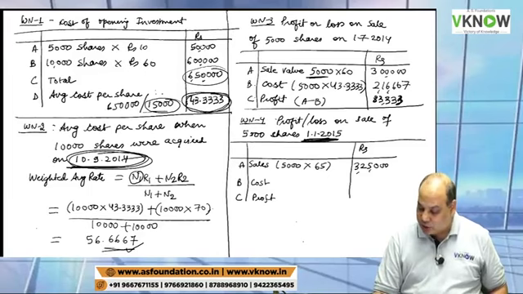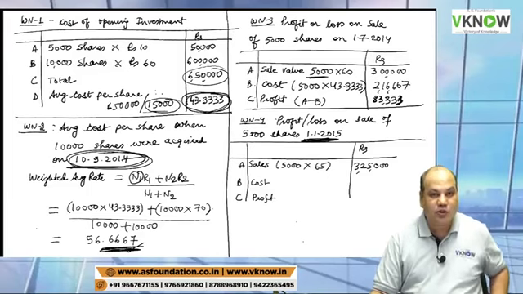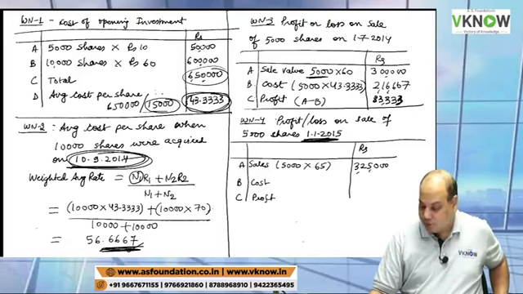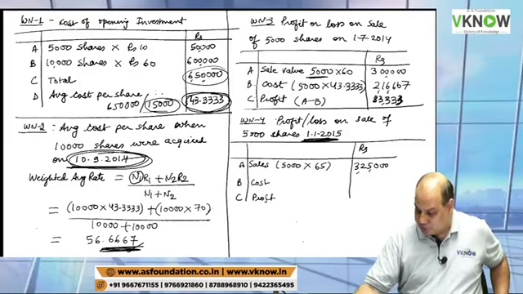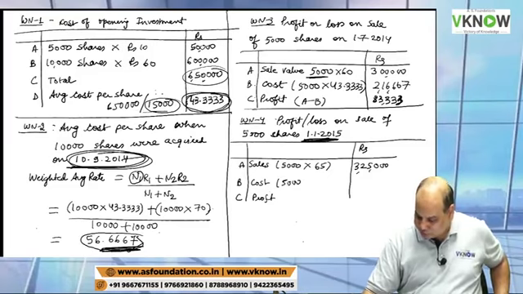So on the date of sale my average cost is 56.6667. On the date of sale, the average cost is 56.6667.